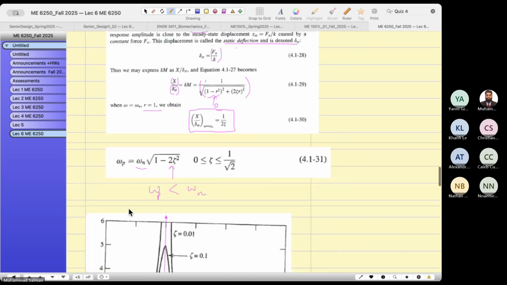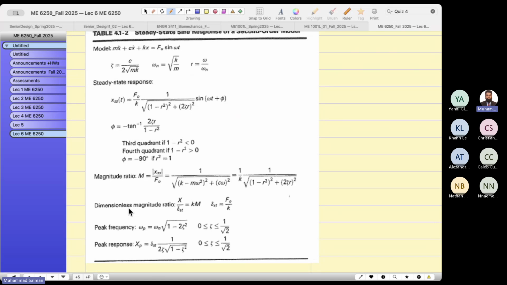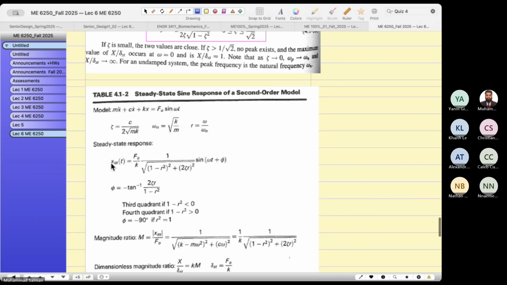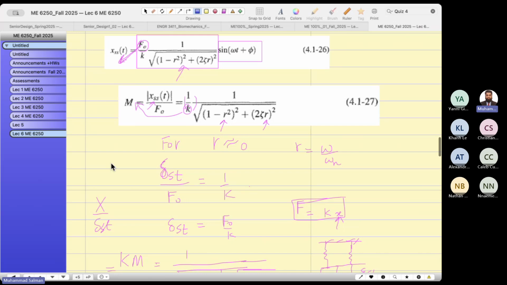Where's my table? Here, this is my table. I want to grab this formula. X, I believe I showed you here.